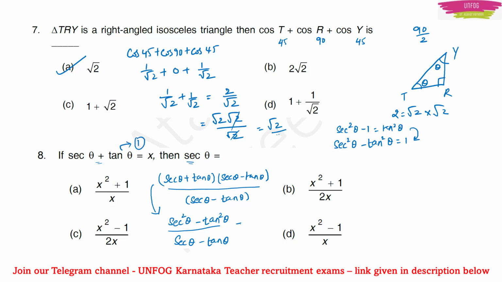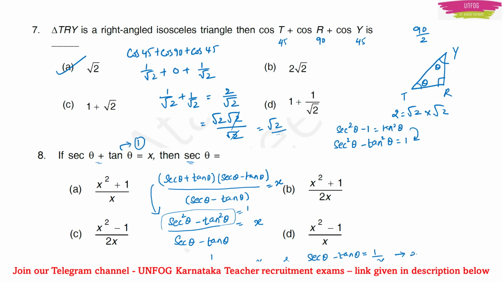Now the entire numerator will become equal to 1, so I will have 1 by (secant theta minus tan theta) is equal to x, or I can write secant theta minus tan theta is equal to 1 by x, correct?